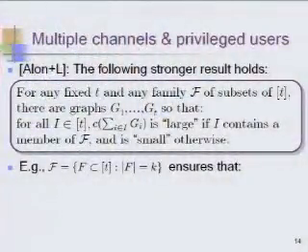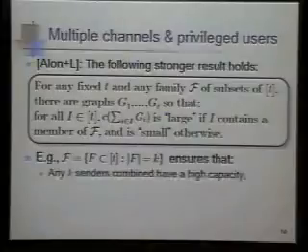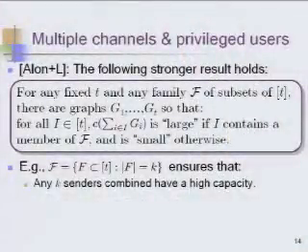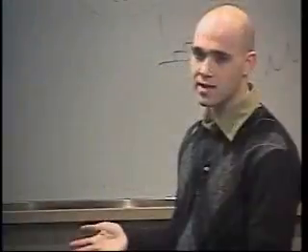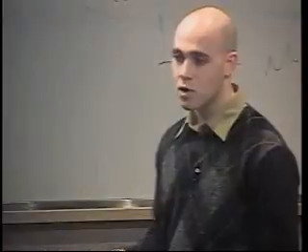This is an example. Suppose this family of subsets, that's always the good example to give, is all the k-element subsets of T. Then you have the following situation. Any k senders combined have a high capacity, and I'll get into what high is in a minute. Any group of k minus 1 have a low capacity.